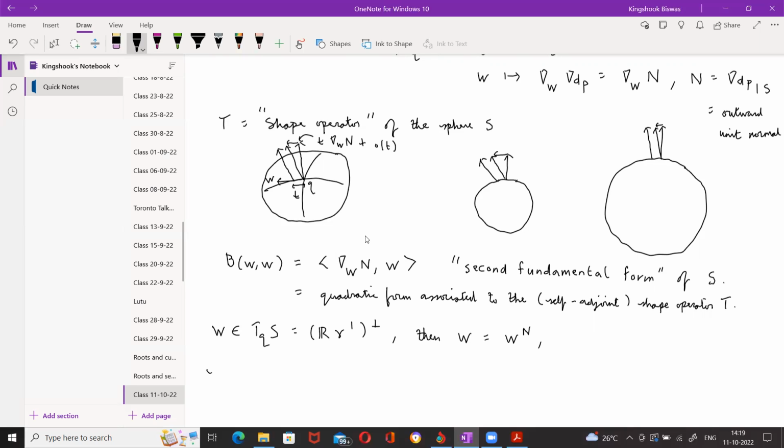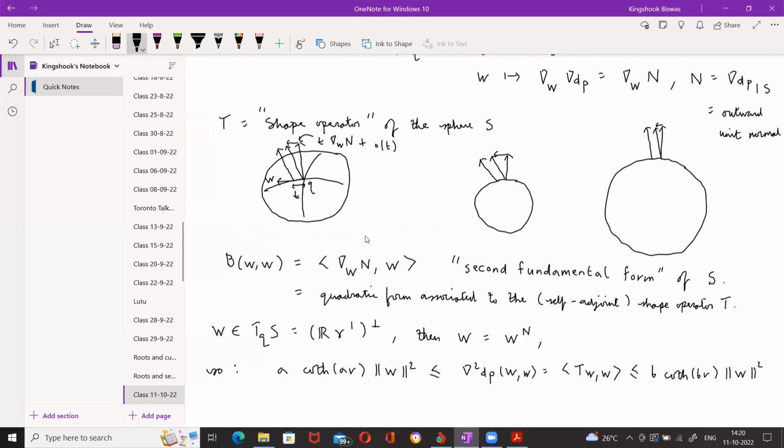And so the Hessian comparison theorem just tells us that a cot(ar) norm W squared is less than or equal to nabla squared dp of W, W, which is equal to the inner product of TW, W, where T is the shape operator, which is less than or equal to b cot(br) norm W squared.